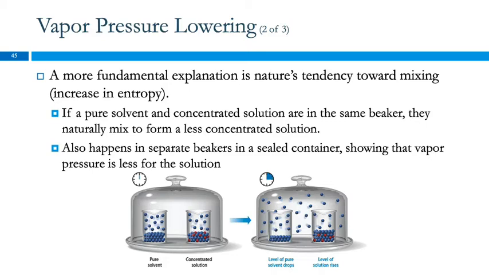It's trying to spread its energy out, trying to make the concentrations of both of these solutions equal. The water can evaporate, the solute particles can't. They're stuck over here. They can't evaporate. So as the water evaporates, it's going to come over here and dilute this solution. That's the spreading of energy.